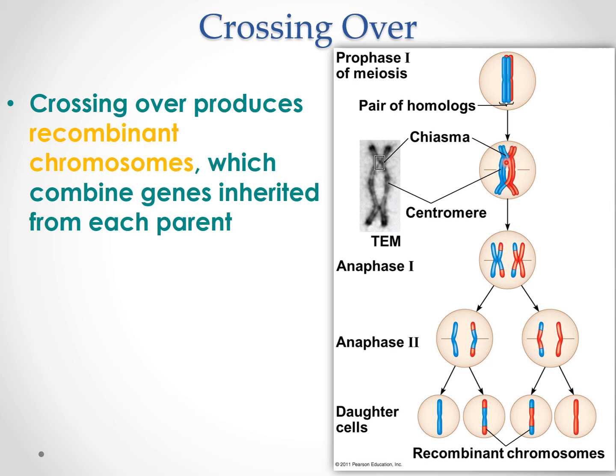That's like the X that forms when the non-sister chromatids overlap and then exchange segments. So you end up with mixed chromosomes during meiosis 1, and then the sister chromatids of those mixed chromosomes separate during meiosis 2.